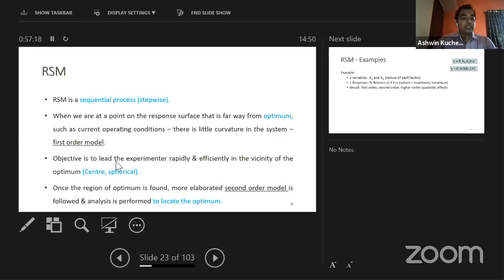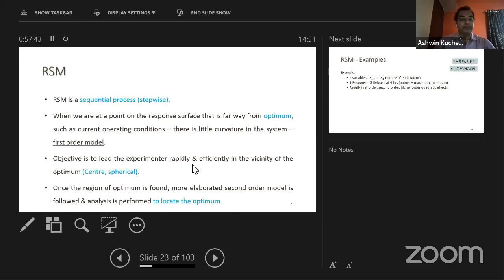The objective is to lead the experimenter rapidly and efficiently to the vicinity of the optimum, meaning the experimenter should perform the experiments in such a way that our design space or the optimum value is in the center. Once the region of optimum is found and more elaborated, it is in terms of a second order model where we can locate the optimum points.